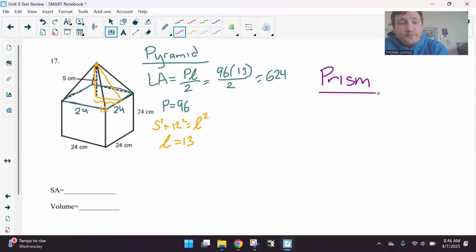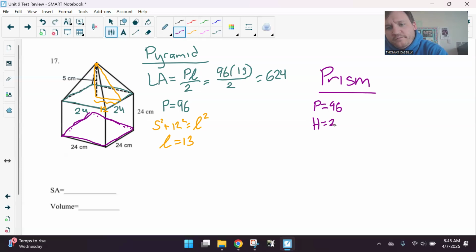First, the perimeter of the base. Don't forget the prism is a 3D shape, so it goes in the back there. That is just 24 plus 24 plus 24 plus 24, the same as the pyramid, so capital P equals 96. Now we need the height on this guy.